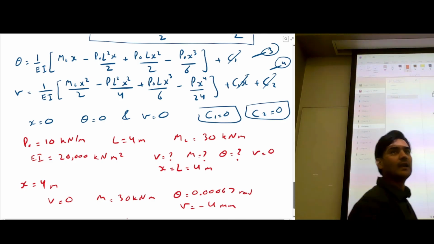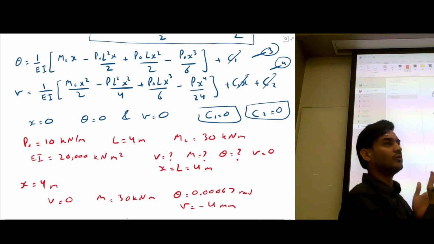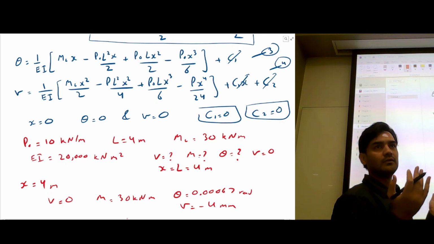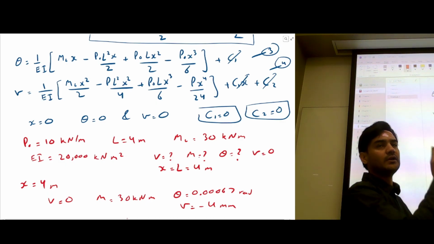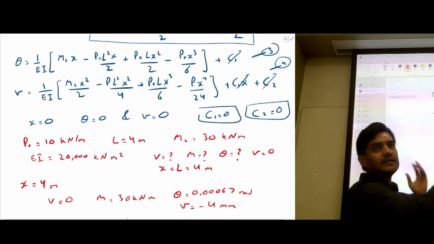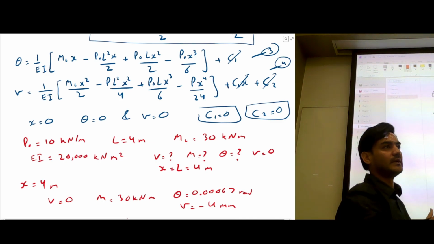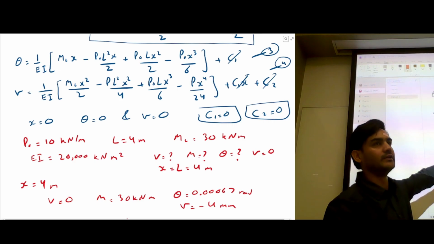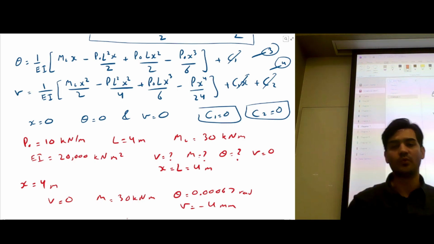So we have calculated this at a distance x is equal to 4, that is at the end of a cantilever. We can calculate these values at any point on a cantilever, and if you calculate at 1 meter, 2 meter, 3 meter, 4 meter, you can basically draw shear force diagram, bending moment diagram, bending angle, and the displacement diagram. So everybody is clear how we can draw the shear force diagram using the equation method. All you have to do is formulate the equations.